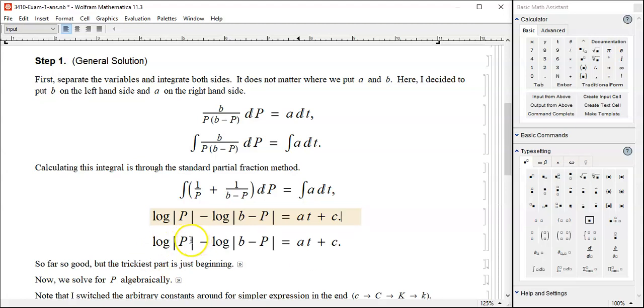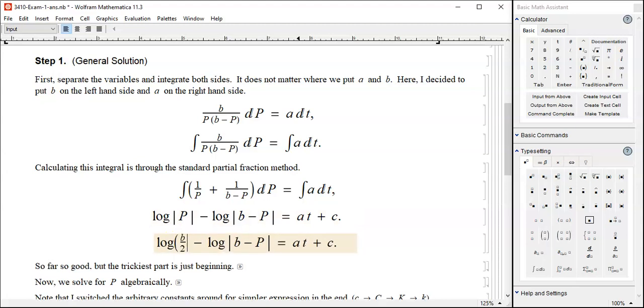They plugged in the numbers right here. When t is equal to 0, p is b over 2. So plug in the numbers right here. Yes, you can do that because you just took the antiderivative, and that's when t is equal to 0. So plugging in the numbers right away, you can get this equation. And then you can find out what c is.